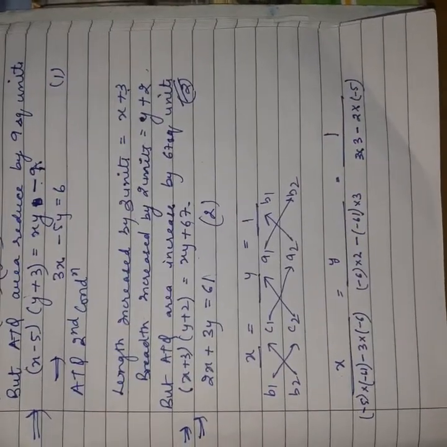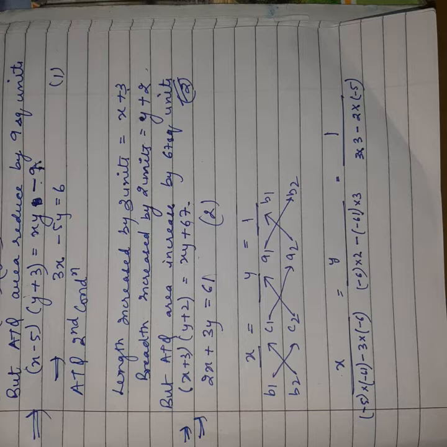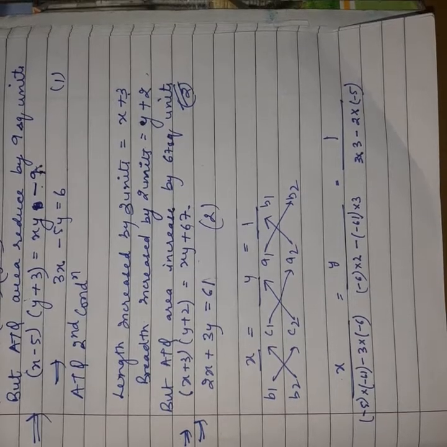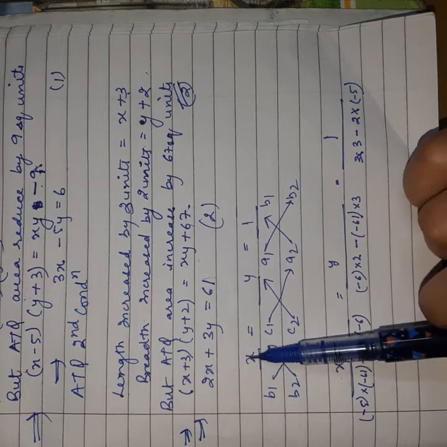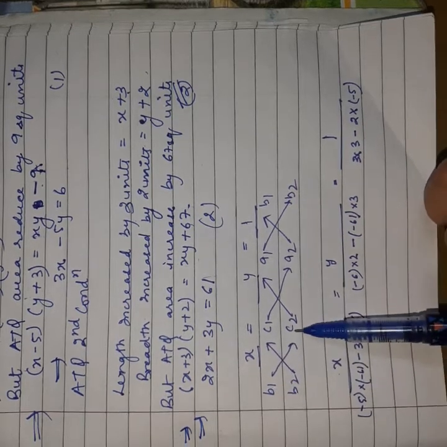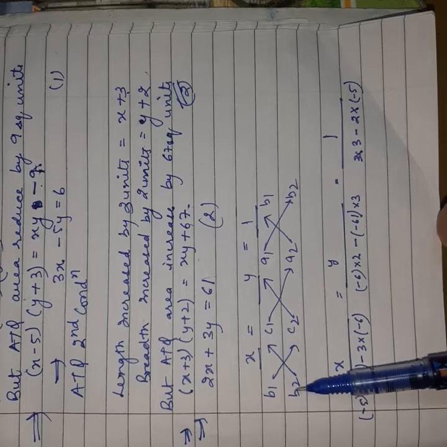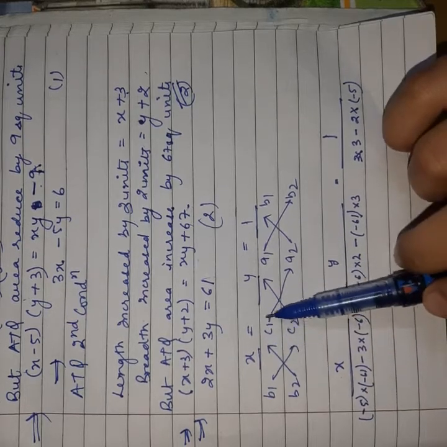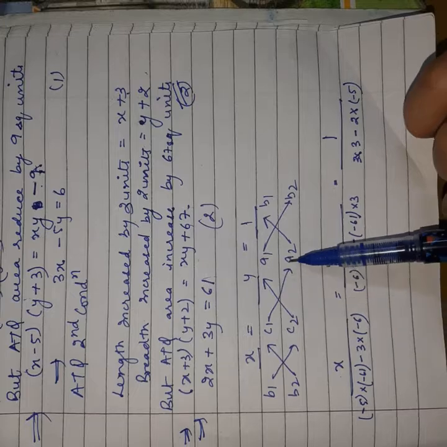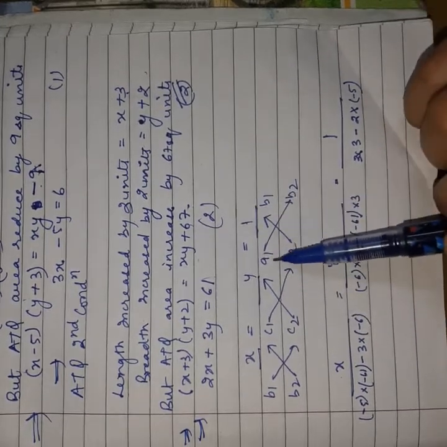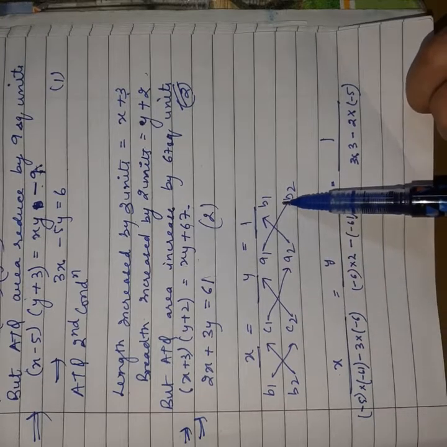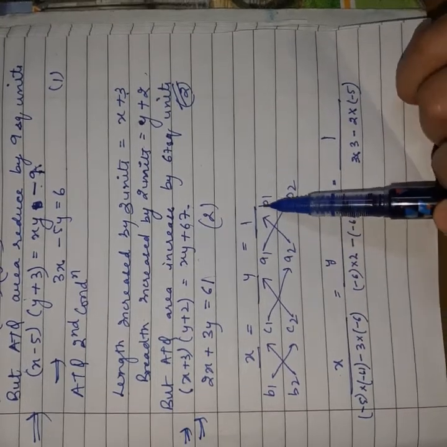Now I have used the cross multiplication method again so that you guys can do some practice of the cross multiplication method. As for the other methods, we have already done a lot of practice. So what is the cross multiplication formula? x upon B1 into C2 minus B2 into C1. Similarly, y upon C1 into A2 minus C2 into A1. Similarly, 1 upon A1 into B2 minus A2 into B1.